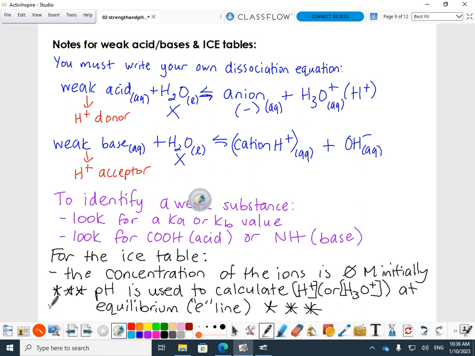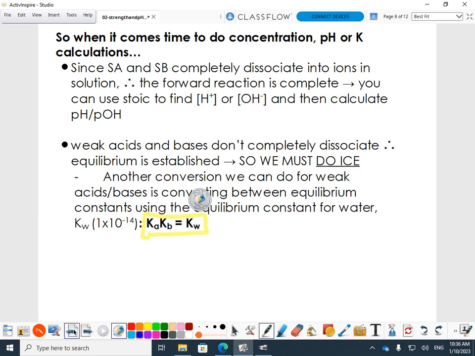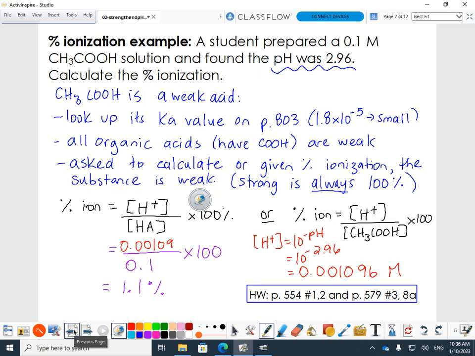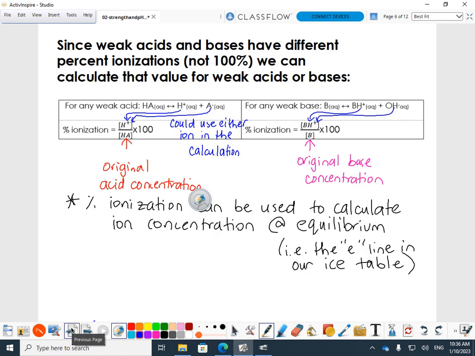And we talked about how percent ionization could be used for equilibrium.